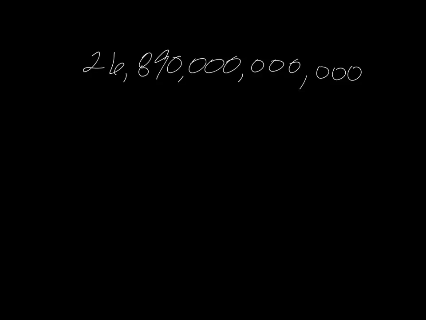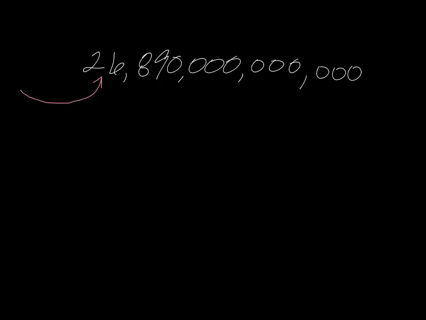So there's actually two steps in order to rewrite these numbers in what's called scientific notation. The first step is to put a decimal right after the first non-zero number. So it will always go just to the right of the very first non-zero number.